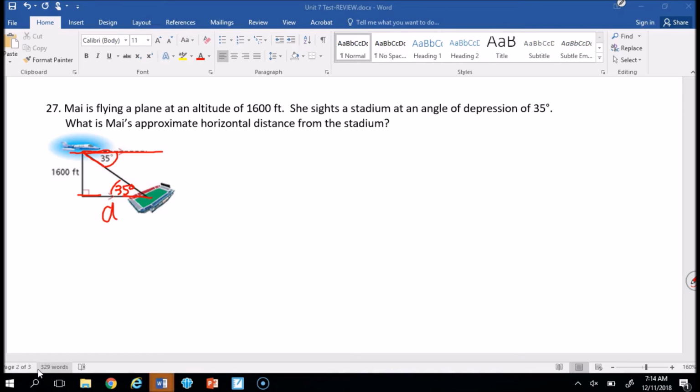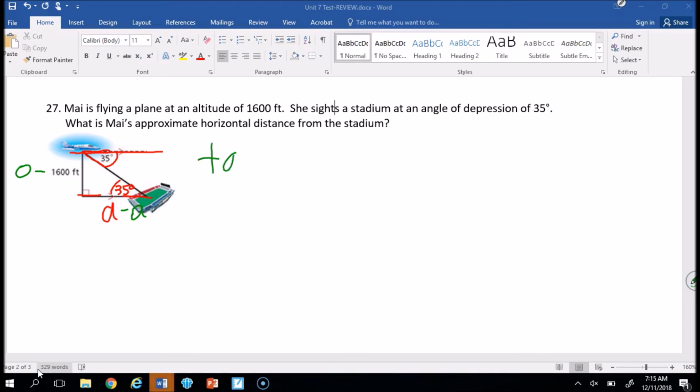So when we're looking at these two sides now, we have the side that's opposite. This would be opposite right here because it's opposite the 35-degree angle. And then we have the D down here, which is going to be adjacent. So if you look at your formula sheet, the ratio that uses opposite and adjacent is tangent.